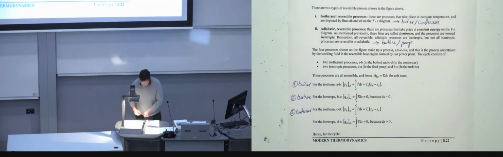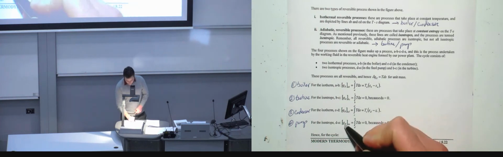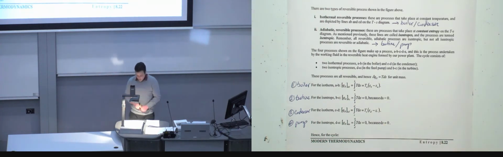And the last one is for the pump. And again, because this is an isentropic device, the change of entropy across it will be 0, and therefore QR will be 0 as well.